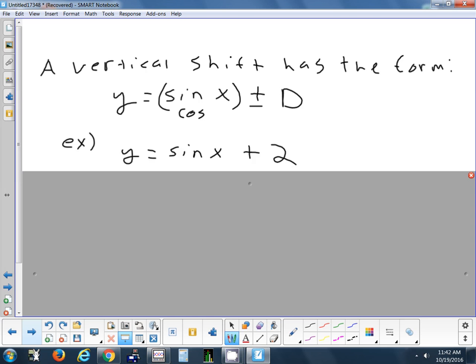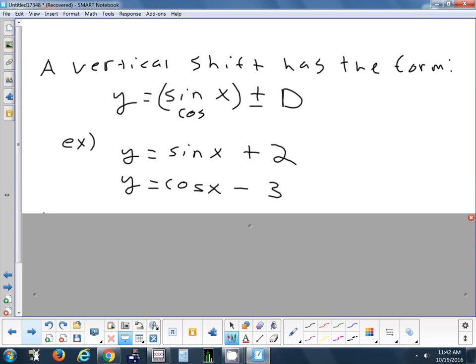Small numbers, like fractions, make it smaller. That's what you would expect. Positive numbers, shift it up. Negative numbers, shift it down. You do not do the opposite. Phase shift, you do the opposite of what you would expect. And so with period change, you do the opposite of what you would expect.